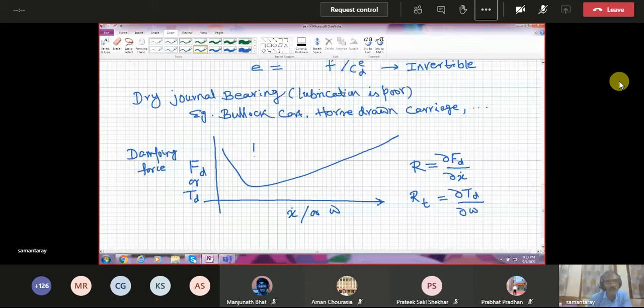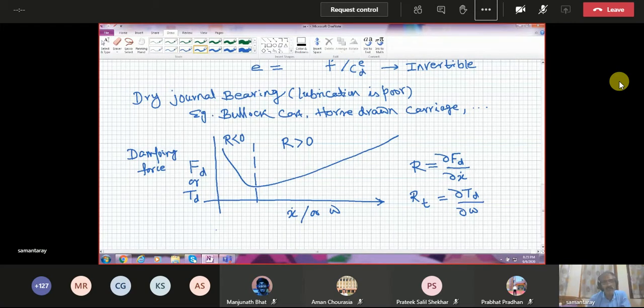So up to this, R is less than 0. Above this, R is greater than 0. So this is a nonlinear relation, but with a problem. What is the problem?